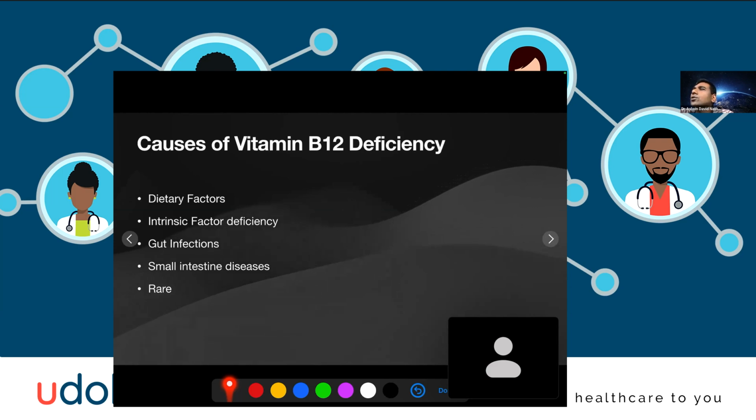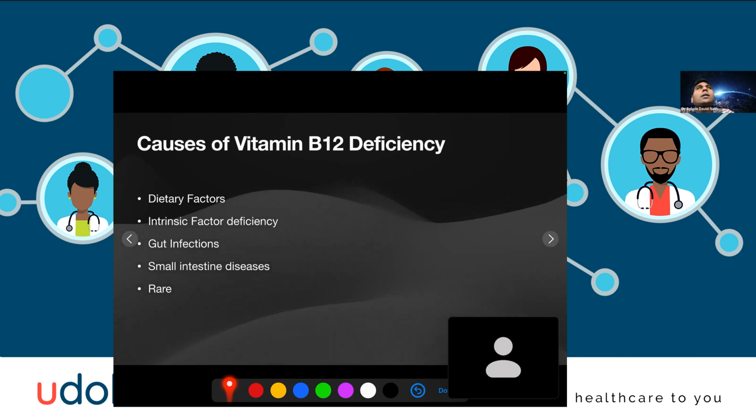So we need to take that into consideration when we are preparing these individuals or advising them along the lines of gastric surgery and so forth for weight loss.